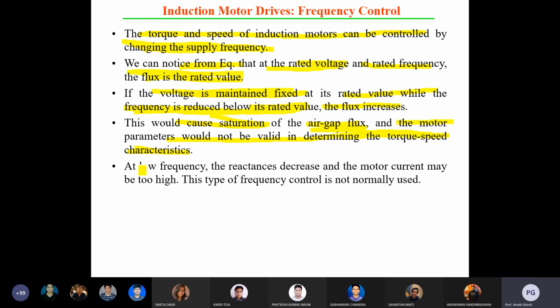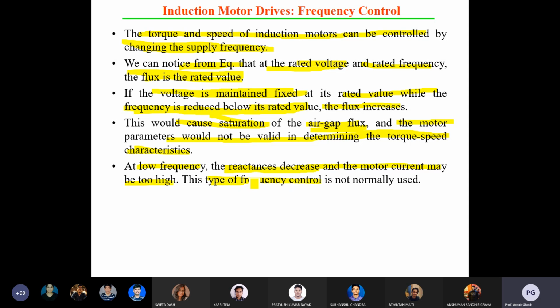At low frequency the reactance decreases, since XL equals 2 pi FL, so automatically the current will be very high, and there is a chance of an inrush current.